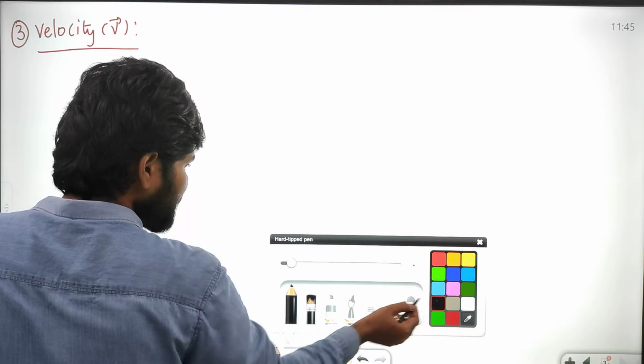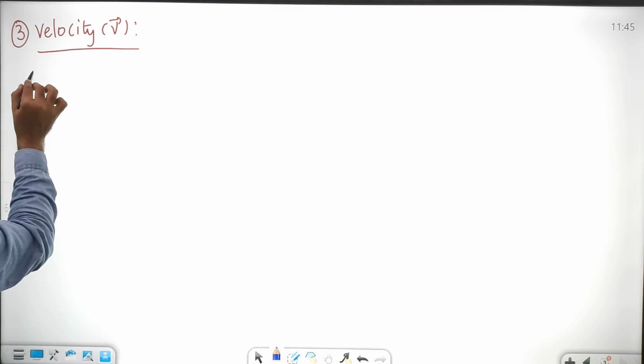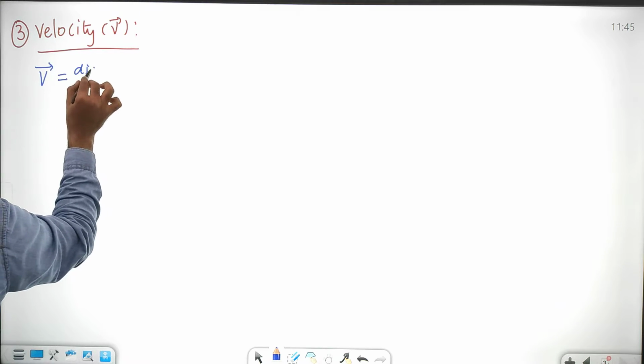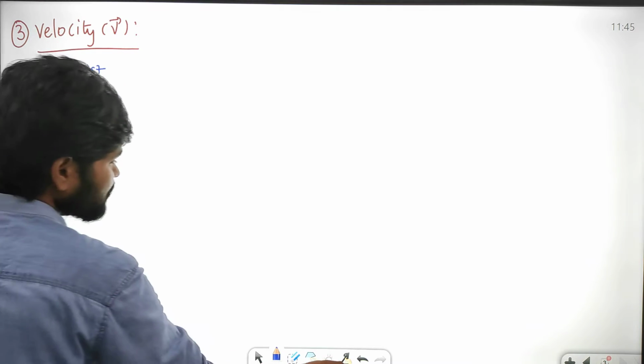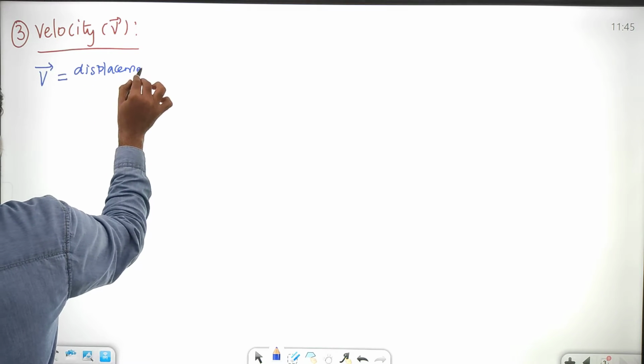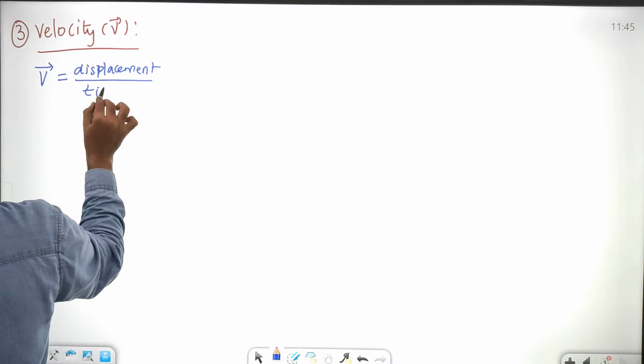So what is the actual definition of velocity? Velocity is nothing but displacement by time, right?